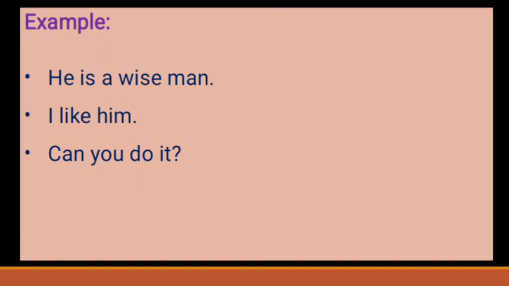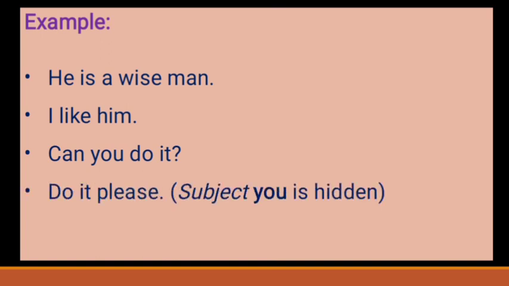For example, he is a wise man. I like him. Can you do it? Do it, please. And I read the whole story. The first sentence, he is a wise man, is an independent clause because it has a complete meaning. And so with the second sentence, the third sentence, the fourth sentence, and the last sentence.